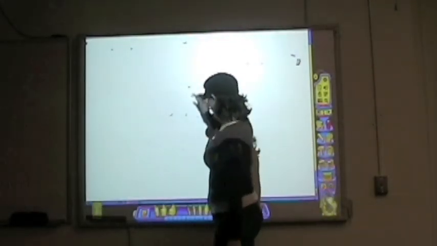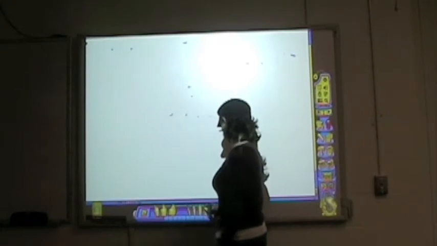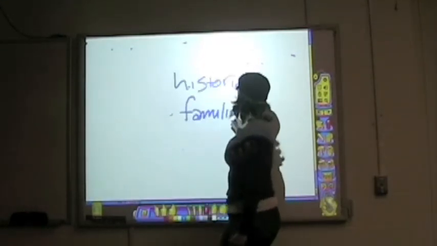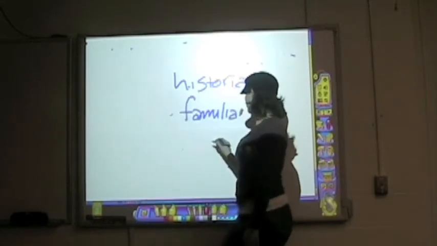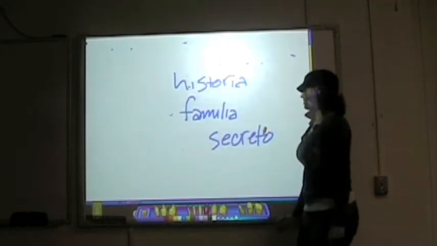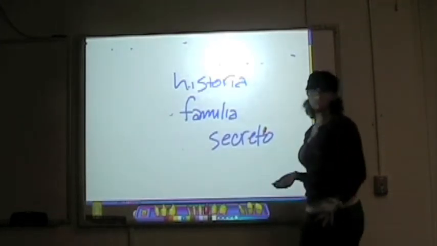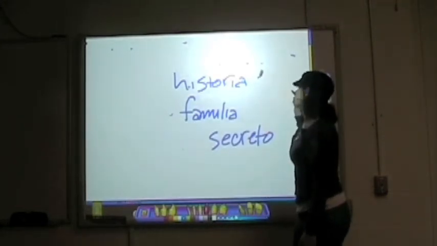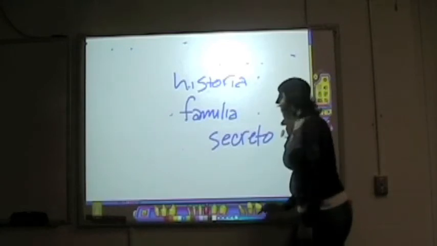Similarly, you'll find words that are very similar, such as historia, or familia, or secreto. Each of these are cognates, and they look very similar to what they mean in Spanish. History, family, secret.